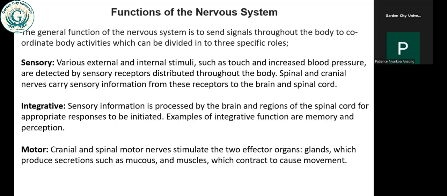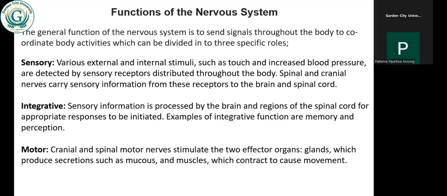So the sensory nerves are responsible for transmitting signals from parts of the body through the spinal cord to the brain. At the end of sensory nerves, we have sensory receptors that sense change. The change can be external or internal stimuli. When we're talking of homeostasis, we mentioned that we have receptors or sensors that will sense a change that happens whether from the external or internal of the body.